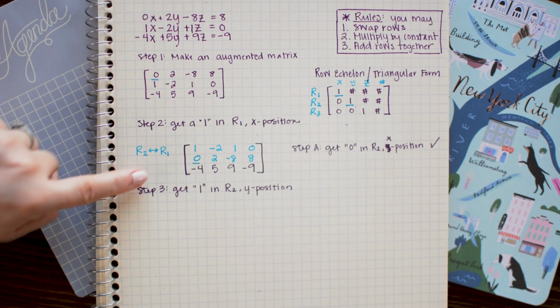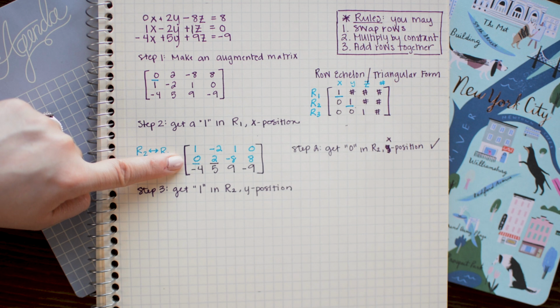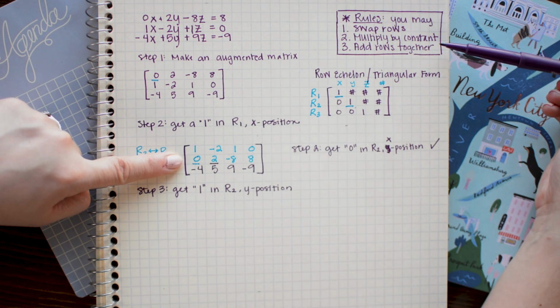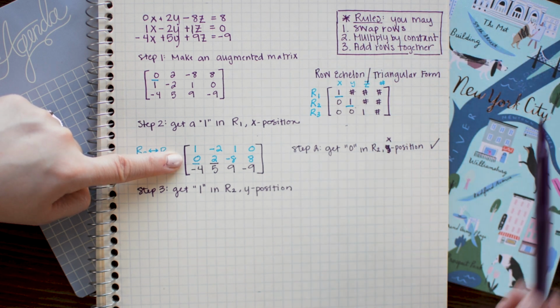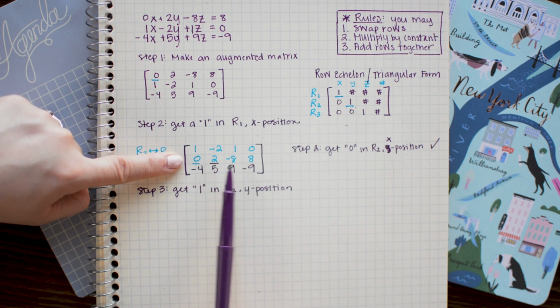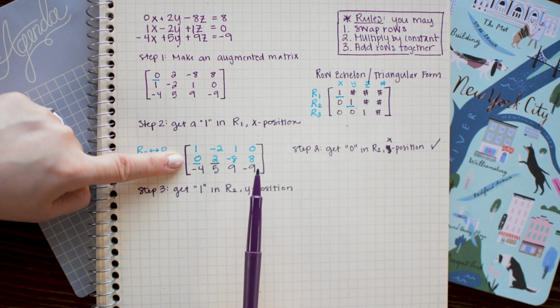So how are we going to get a 1 in this position of my matrix? Remember that one of the things I can do is multiply by a constant, including fractions. So if I want to make 2 into a 1, I have to divide the entire second row by 2. Now that's the same as multiplying by 1/2.